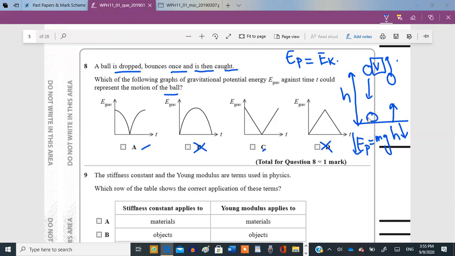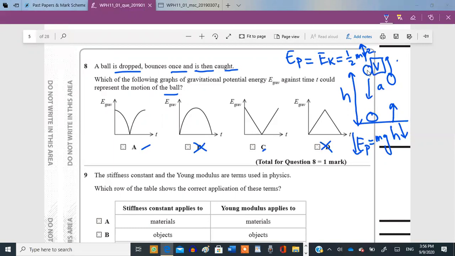Now the formula for kinetic energy is half mv squared, and this velocity, as you know, is not constant. It is also increasing as we go down, according to the equations of motion, because acceleration is present.